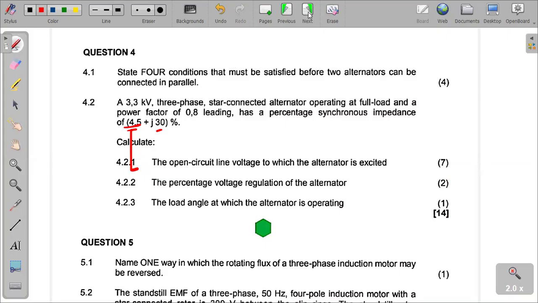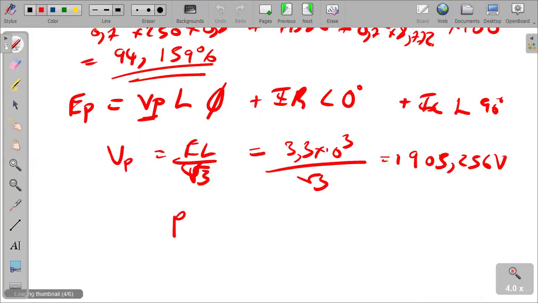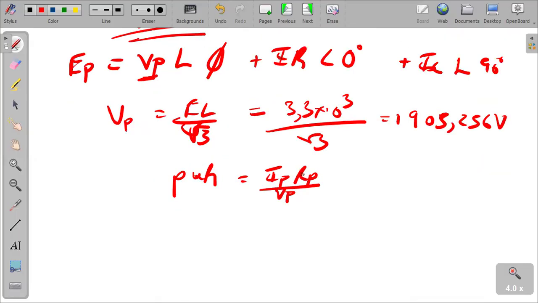That per unit resistance is equal to IP RP divided by VP. So from this formula, this is our IP RP and this is our IP XP. Making IP RP the subject, IP RP is equal to per unit resistance multiplied by VP.